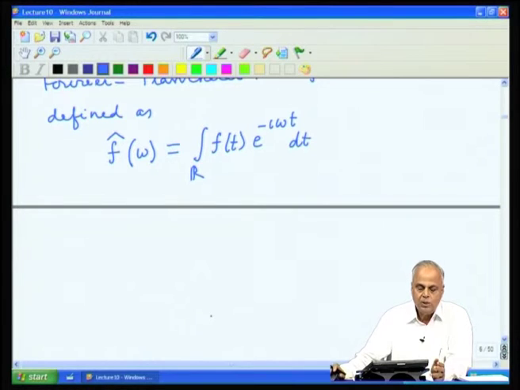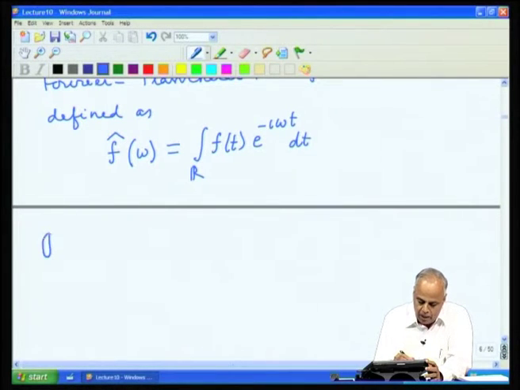Now, once we have this Fourier transform well defined, we look at a positive number omega.